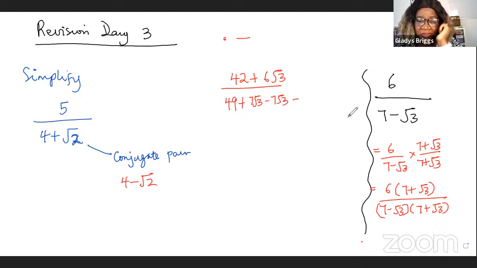And minus root 3 times root 3 is 3, minus 3, okay? And here these guys will cancel out each other, and you will have 42 plus 6 root 3 over 46.